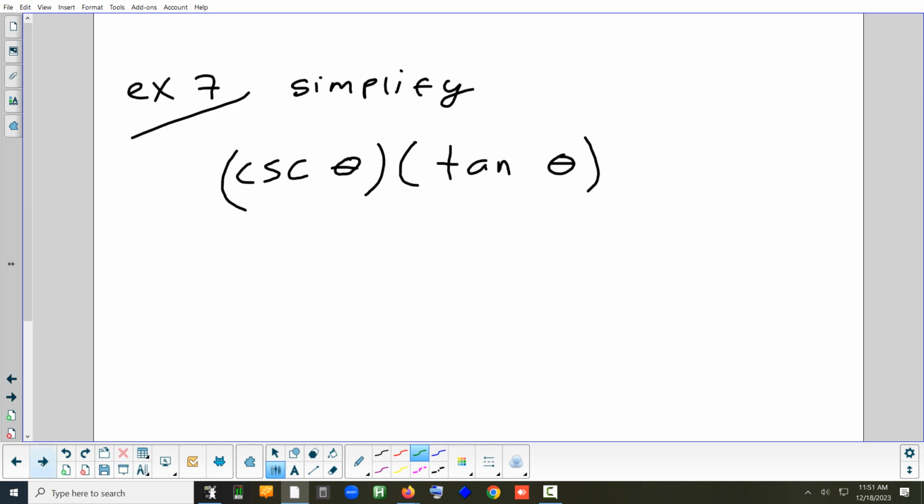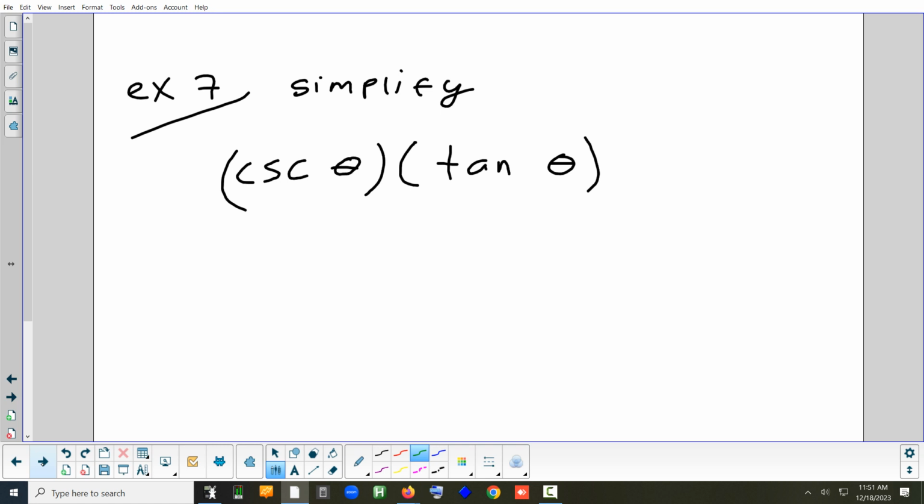So let's try an example. I want to simplify cosecant times tangent. And I'll tell you the trick that you use to simplify it is to change everything that you can to sines and cosines. Start with cosecant. What is cosecant?